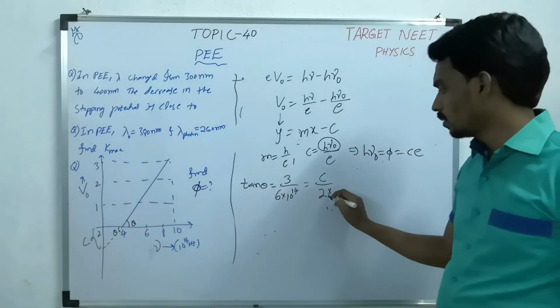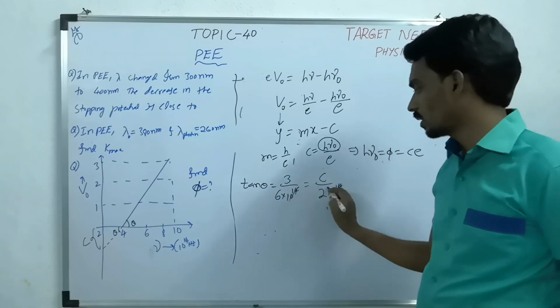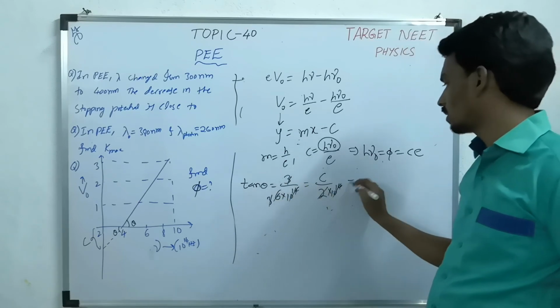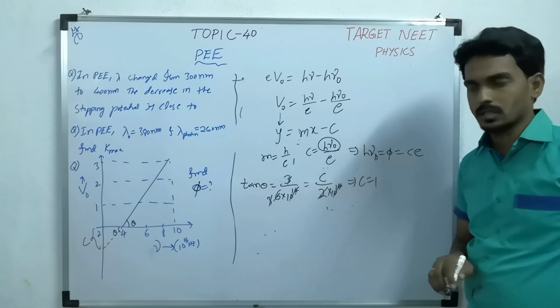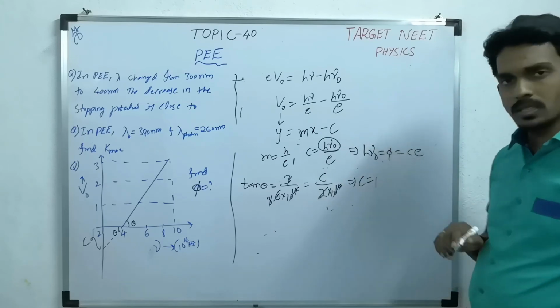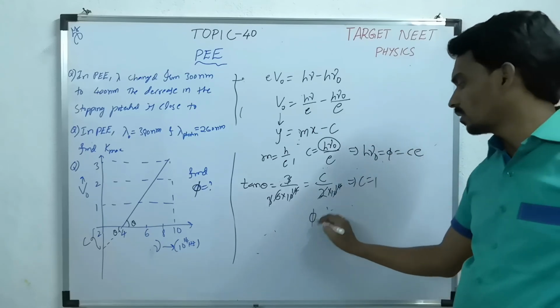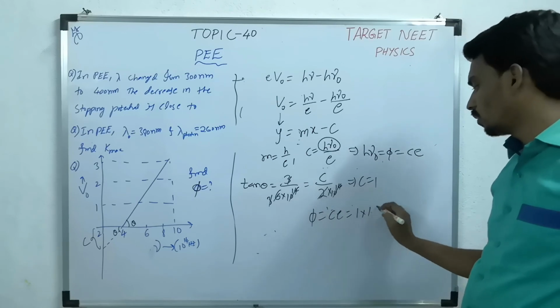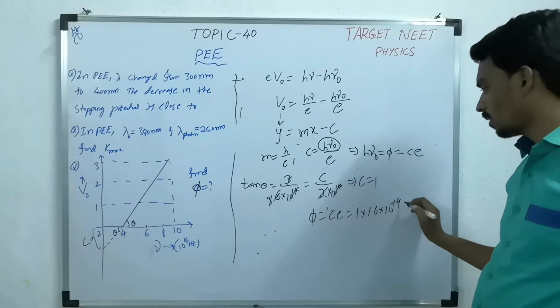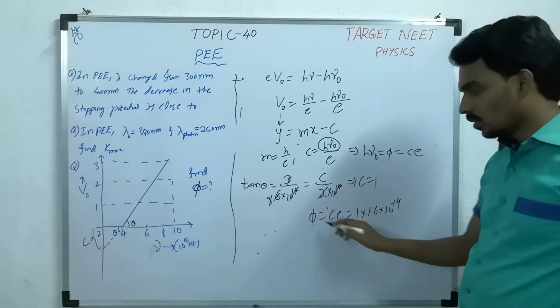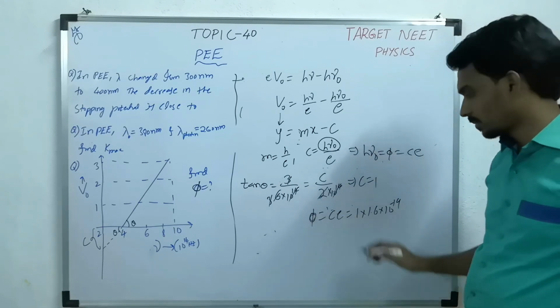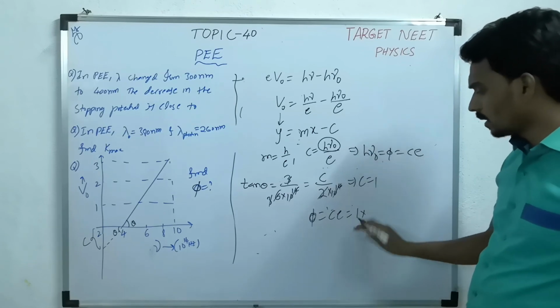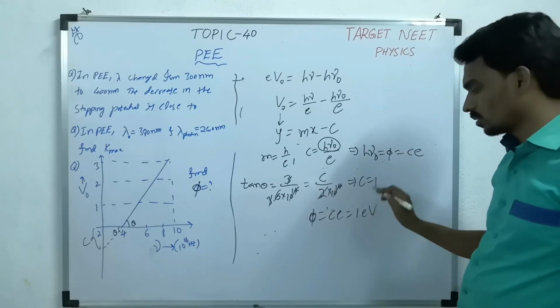But it is 2 into 10 power 14, the 14 cancels, 2 threes are 3 cancel. So C is how much? 1. So the intercept value is 1. Then the work function will become C times e, that is 1 into 1.6 into 10 power minus 19. What is the unit for this? Or you can simply take 1 electron volt.